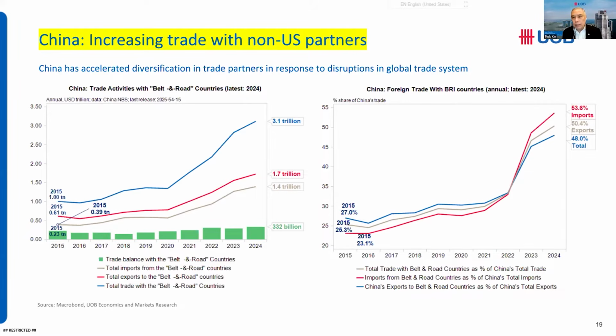Now, the right-hand side, to give you a sense of the non-US markets' impact on China, is in terms of share of China's trade, and that's where I think the pickup again accelerates quite significantly after 2018, in terms of what China has been doing business with other countries.